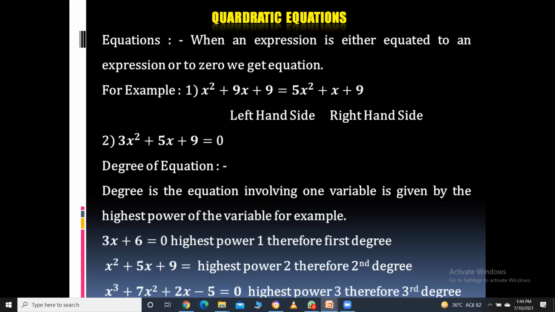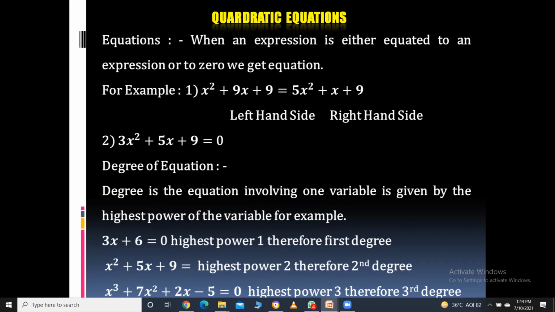So, as already explained by Jaspreet, what are equations? When an expression is equated to another expression, or to 0, we get an equation. For example, in the first example, x square plus 9x plus 9 is equal to 5x square plus x plus 9.